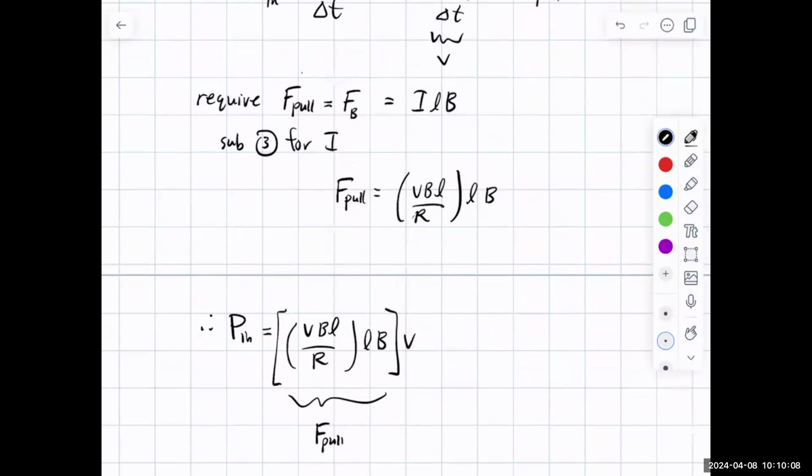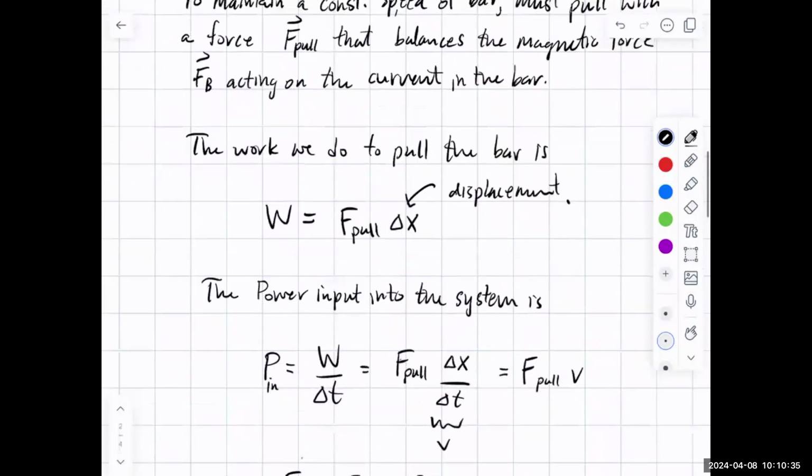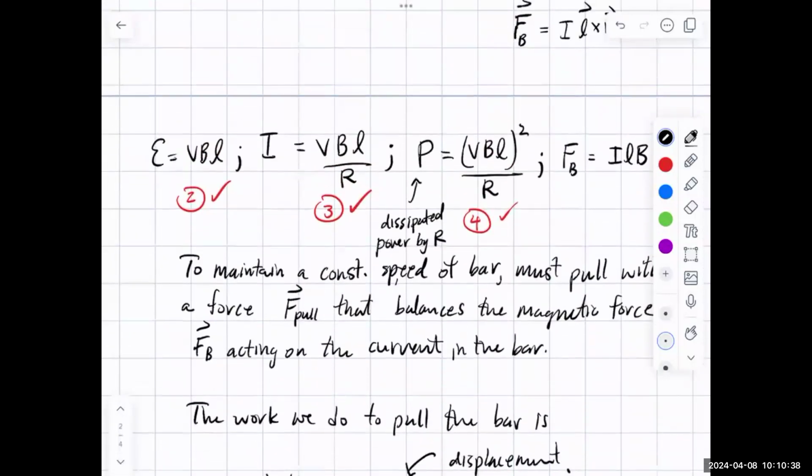So it's VBL squared in the numerator, and then it's all divided by the resistance R, VBL squared divided by R. And so this is the power put into the system, VBL squared over R. And if you go and look back at equation 4, which is the power dissipated by our resistor, VBL squared divided by R.